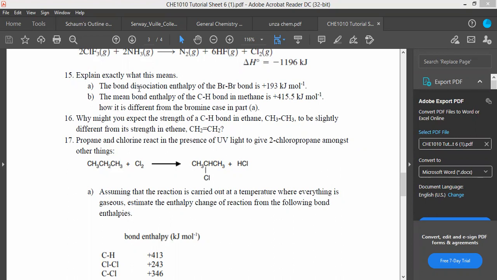The bond enthalpy is the energy contained in a bond. The other difference is that this is an average and this is not an average. For bromine, it is not an average. For this one, it is an average of 4 CH bonds.